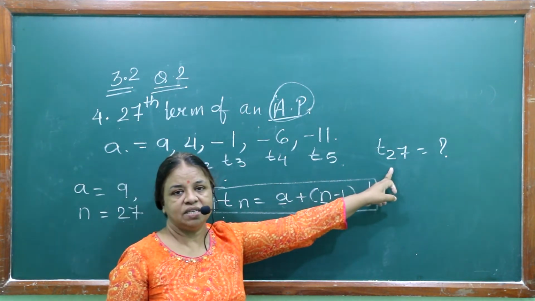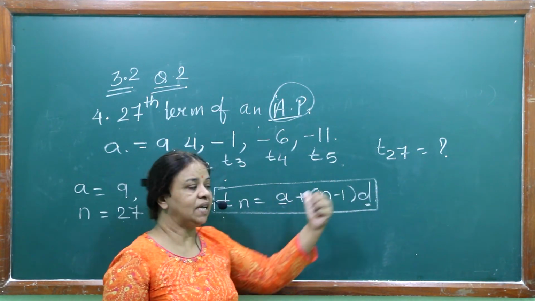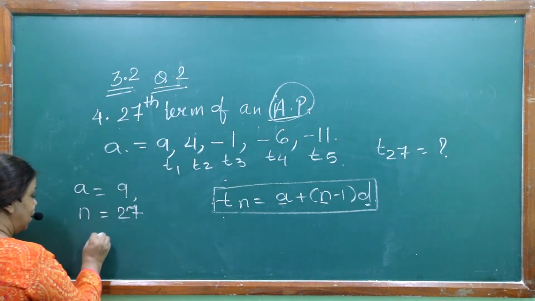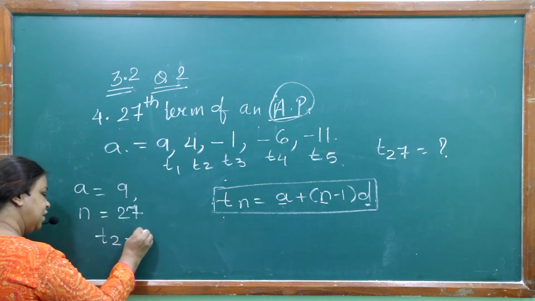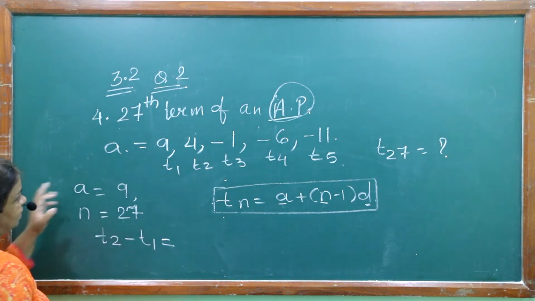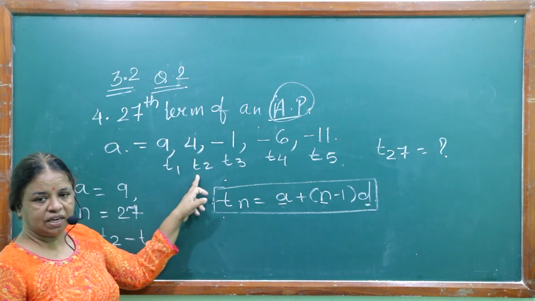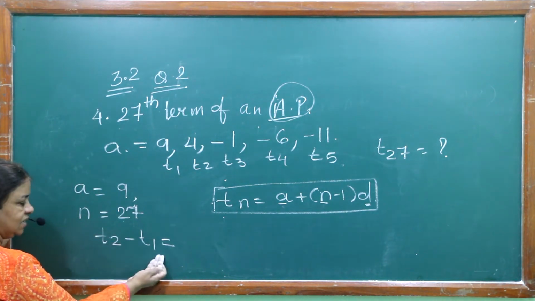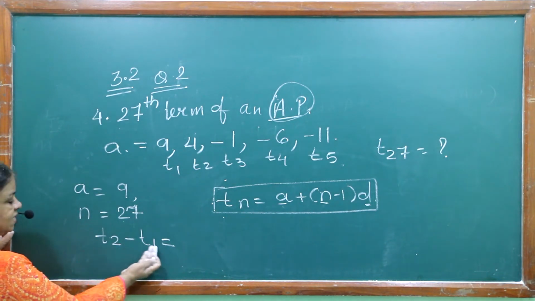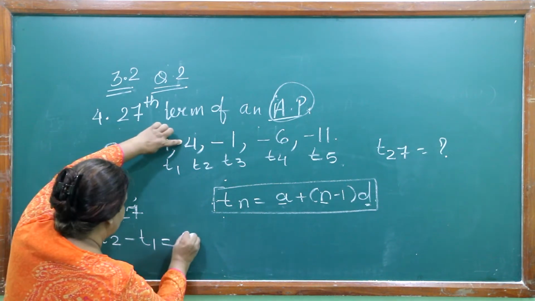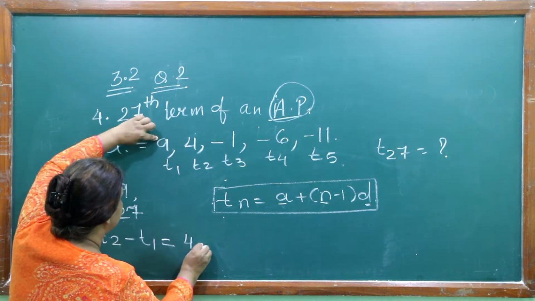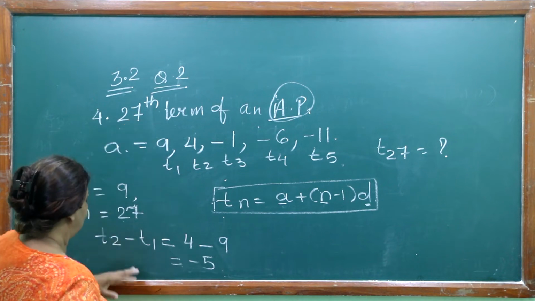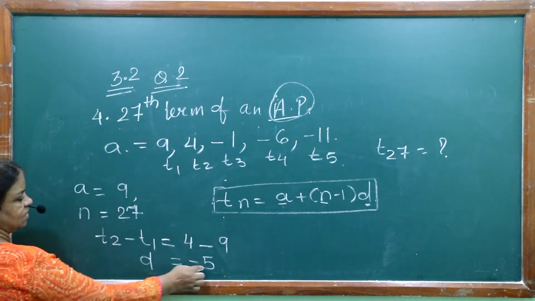For the D value, I have taken any two consecutive terms, T2 minus T1. If you want, you can take other terms, T3 minus T2 or T4 minus T3. Here I am taking T2 minus T1. What is T2? 4 minus 9, that is minus 5.